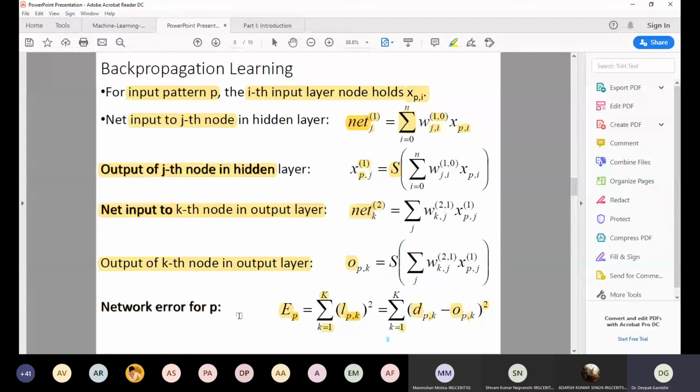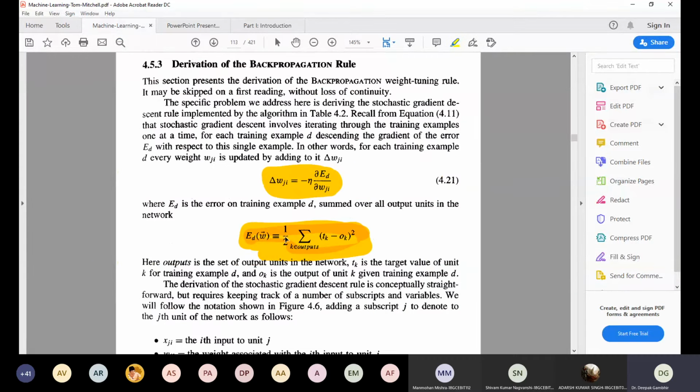For example, you can see in the last part the network error, that is summation d minus o whole square. The 1 by 2 is used for simplicity, as when we do derivatives we will be able to cancel things with 1 by 2. It is good to use, but if you don't use it, there is no problem.